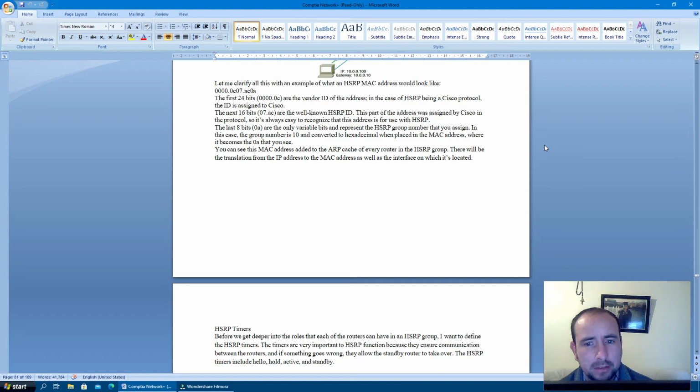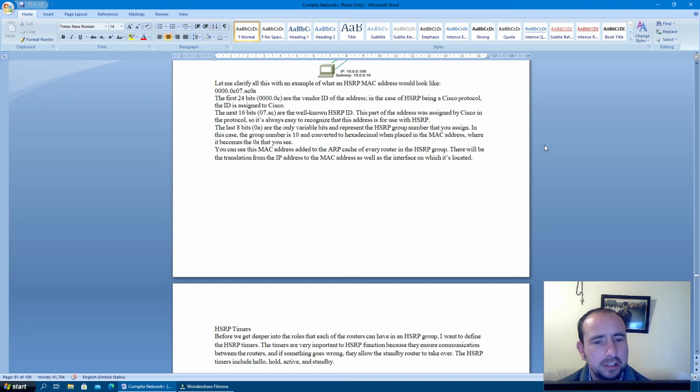This part of the address was assigned by Cisco in the protocol, so it's always easy to recognize that this address is for use with HSRP. The last 8 bits are the only variable bits that represent the HSRP group number that you assign. In this case, the group number is 10 and converted to hexadecimal when placed in the MAC address, where it becomes the 0A that you see.